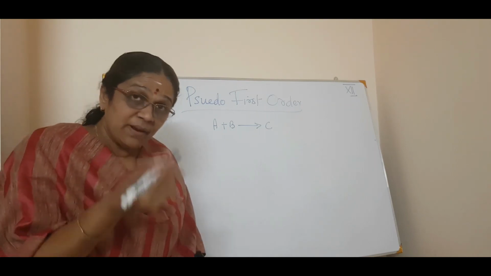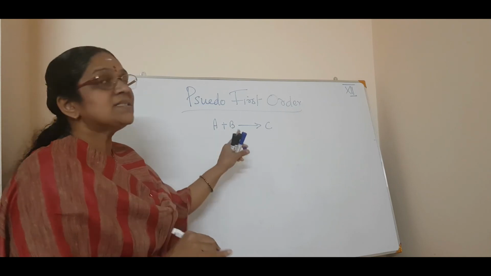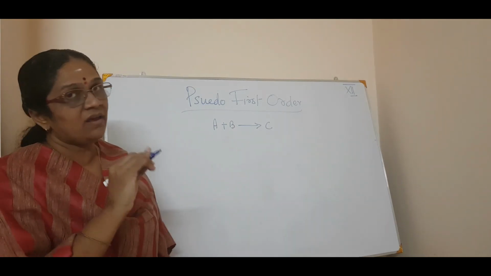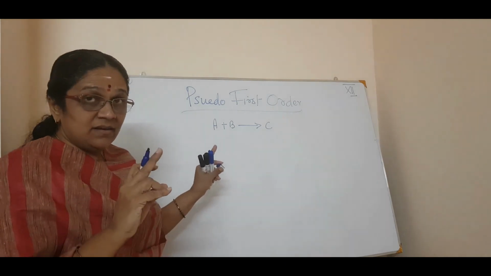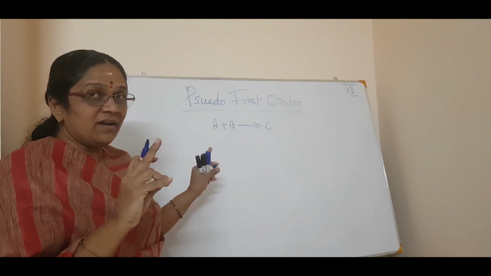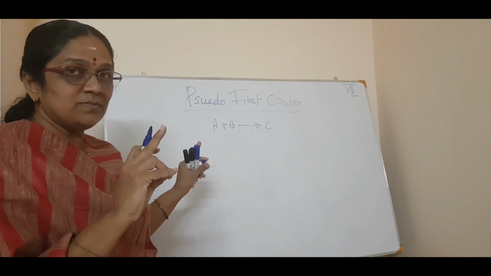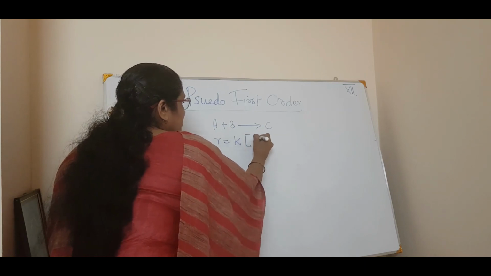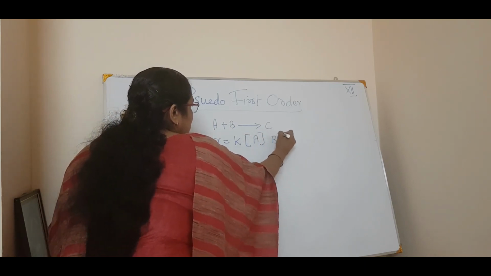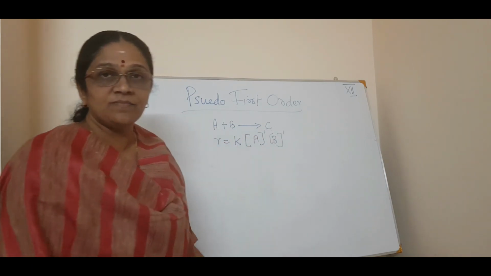But experimentally it is proven that this is a single step reaction or elementary reaction. Okay. Then it's very important. Then the rate of a reaction is equal to the rate constant into the concentration of A to the power 1 and B to the power 1.